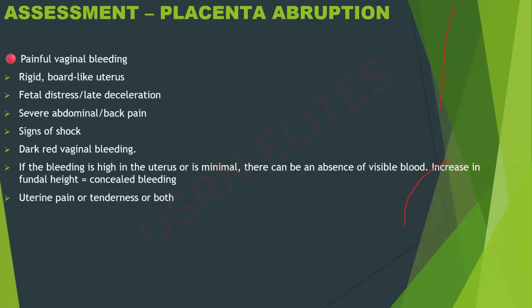So know the color of the blood when it comes to previa and abruptio. With abruptio, the placenta is situated at the fundus. It's the normal place for the placenta. But with previa, it's an abnormal situation.